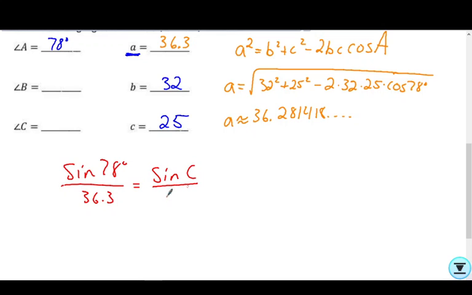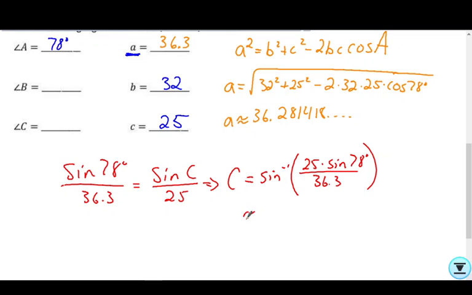So sine C over 25, which means angle C is the inverse sine of 25 times the sine of 78 degrees over 36.3, which means it's approximately 42.3765, so 42.4 degrees.